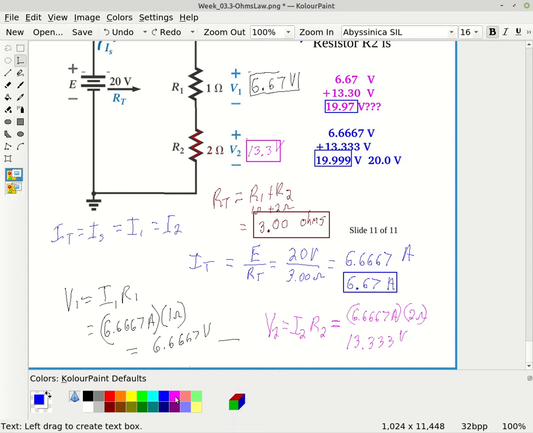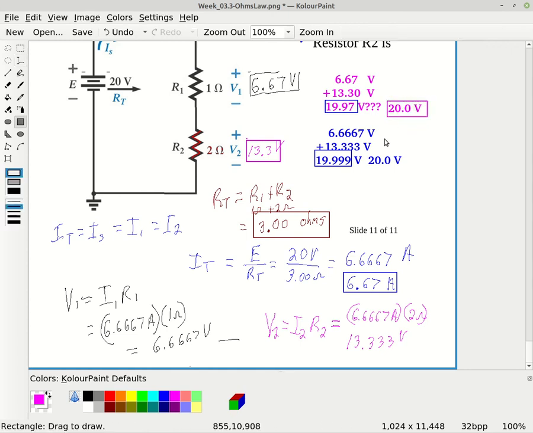Even if I round this one up here, this would still round up to 3 significant digits, 20.0 volts. So either case rounded to the exact same correct value of 20.0 volts to 3 significant digits.